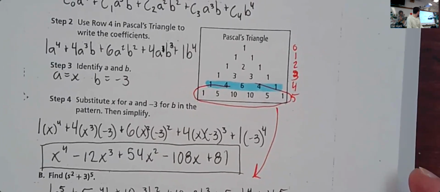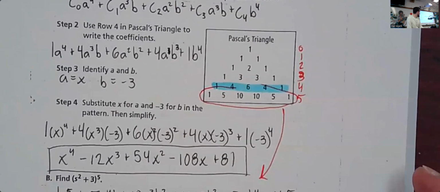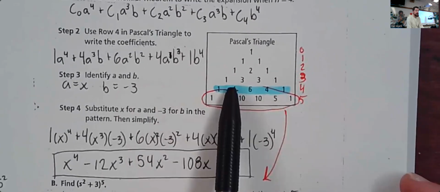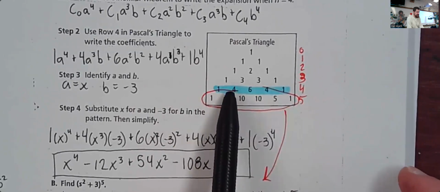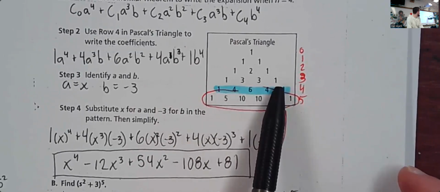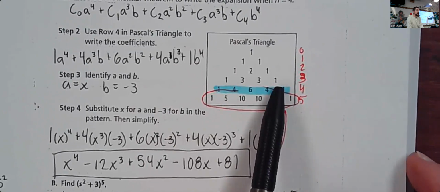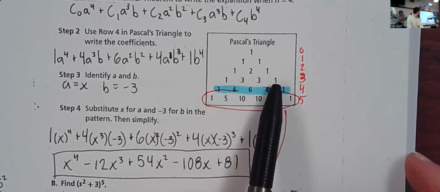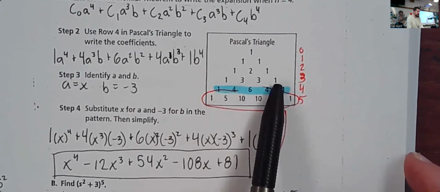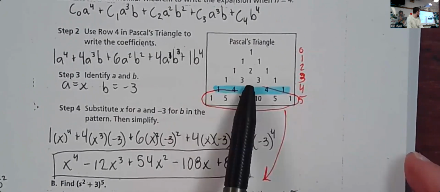And so what I want to do is draw your attention real quick to Pascal's triangle here, specifically row 3, where it says 1, 3, 3, 1. If you have a binomial that has been cubed, these are your generic coefficients, 1, 3, 3, and 1.